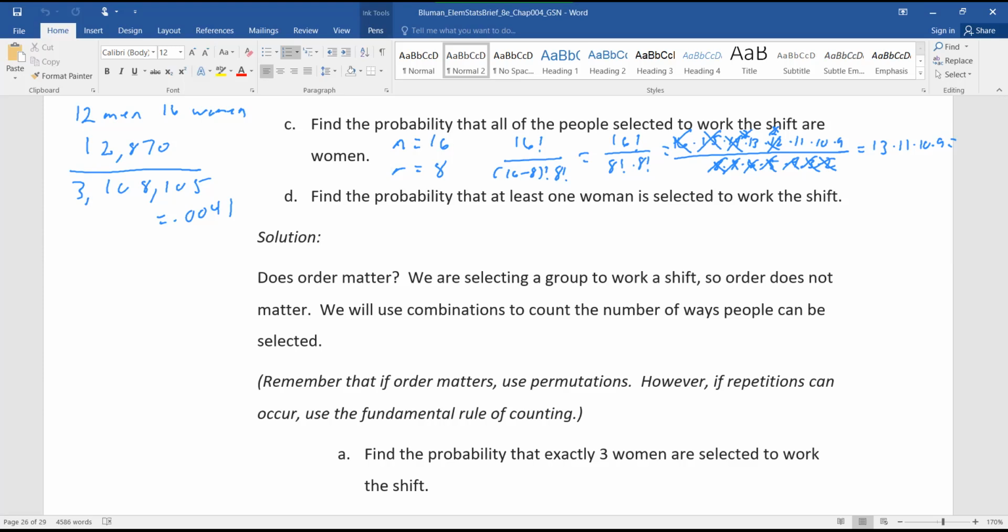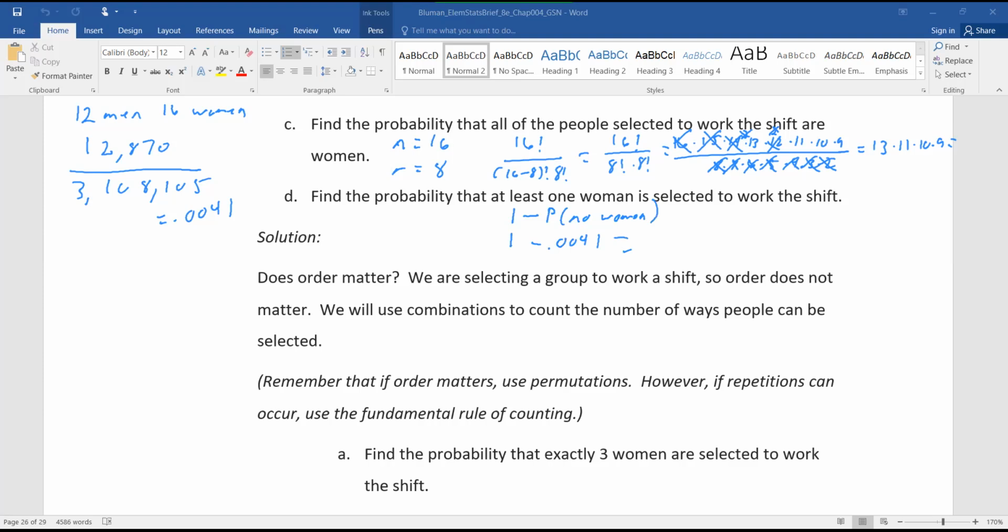So if I just find the complement of this, that would be 1 minus no women, which is great because we just did that, right, on part C. So the probability here is now just going to be 1 minus 0.0041. Number 1 was D, not C. Oh, sorry.